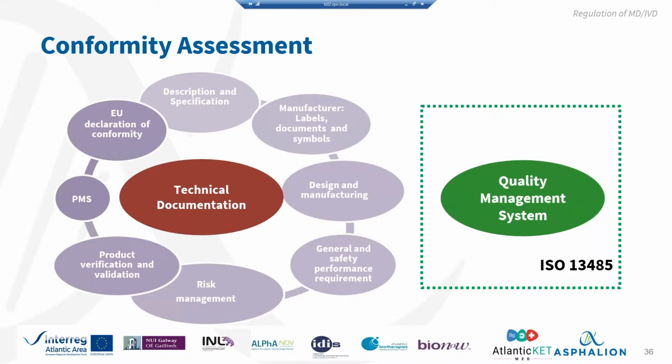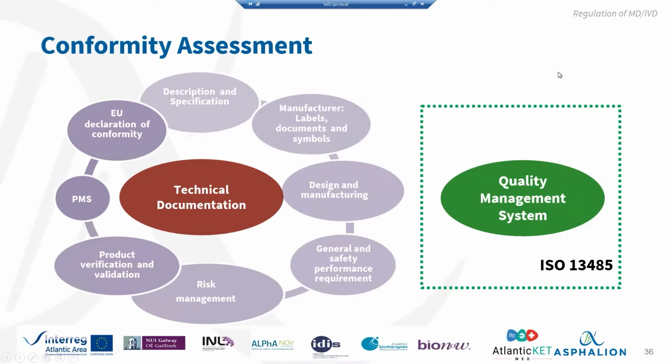As we were saying before, the manufacturer has to have a quality management system in place in order to produce a device. Okay, this quality management system shall be based on ISO 13485, which is specific for medical devices. And this quality management system will include standard operating procedures that will describe all the points of the technical documentation, such as how we are going to prepare the risk management, how we are going to assess the design of the devices, how the device is going to be controlled once it's placed on the market, such as post-market surveillance.